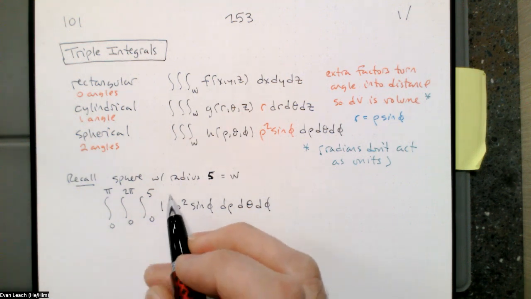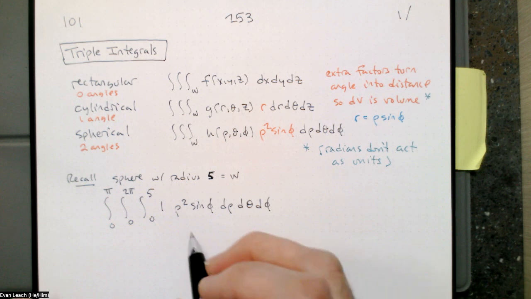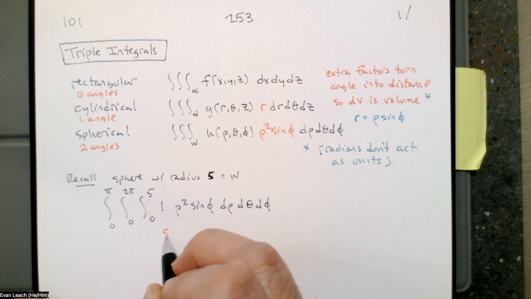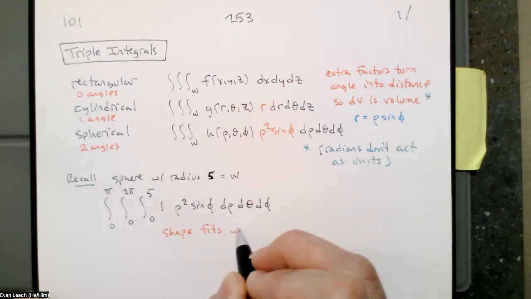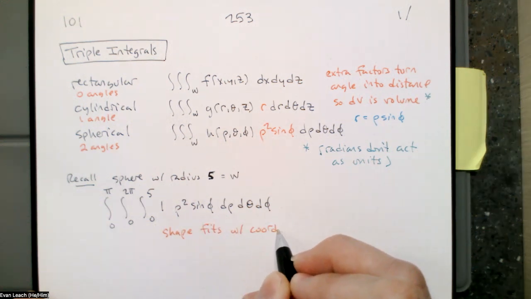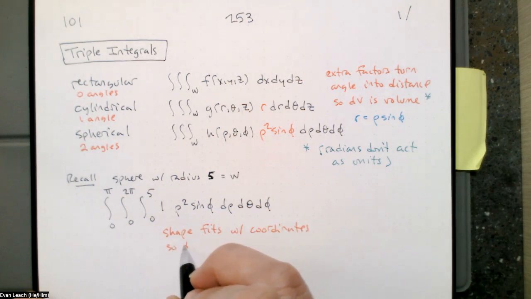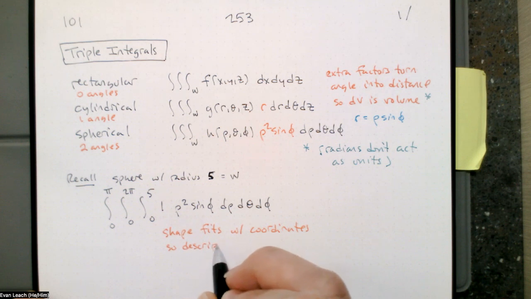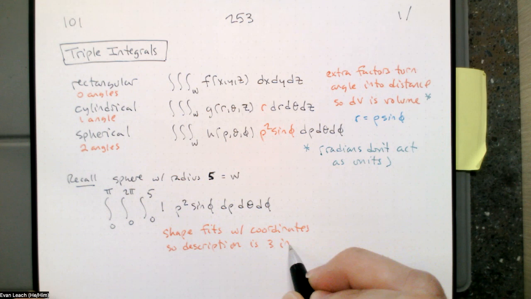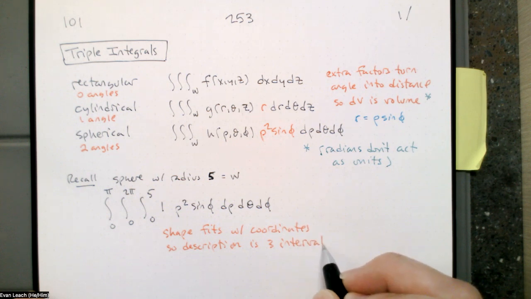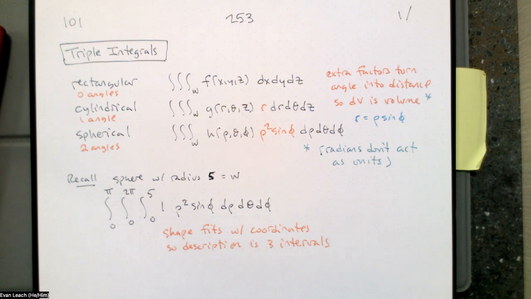So the coordinates match the shape, so our description is just a bunch of intervals. So our description worked out to just 3 intervals.